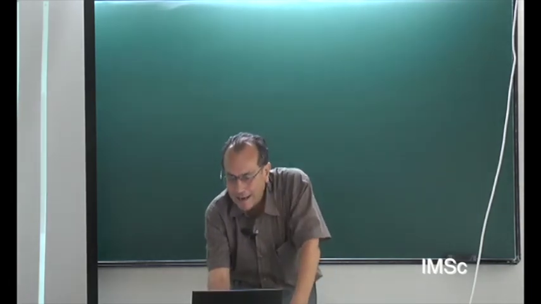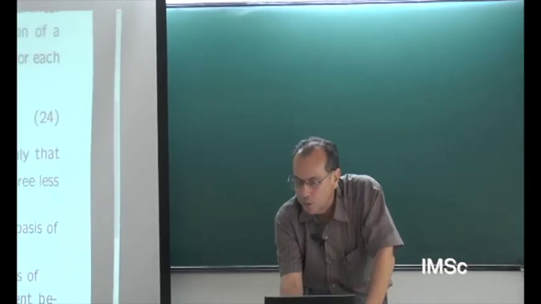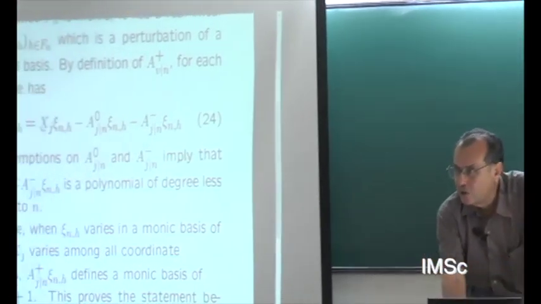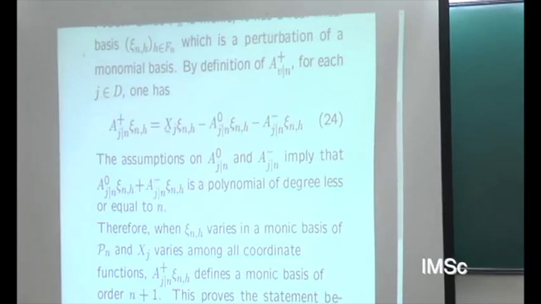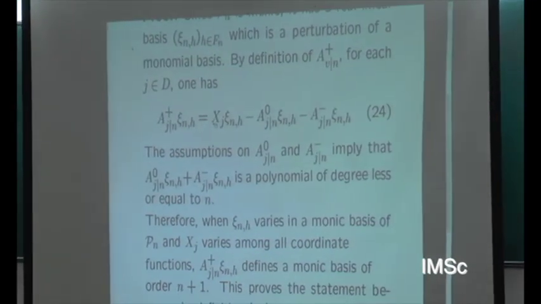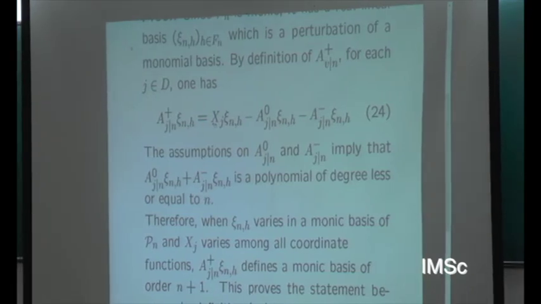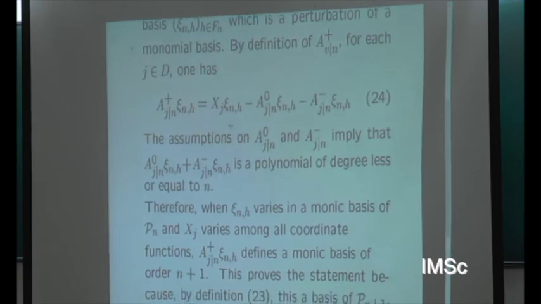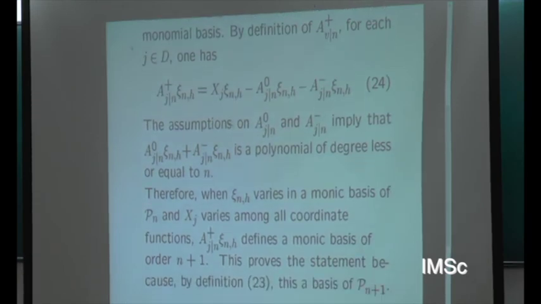Therefore, by varying Xi_h in the monic base in all possible ways, and xj among the coordinates in all possible ways, I will obtain all possible monomials of degree n plus 1. So this is of degree n plus 1. And this is, moreover, of course, multiplication by xj doesn't change the real linear character.